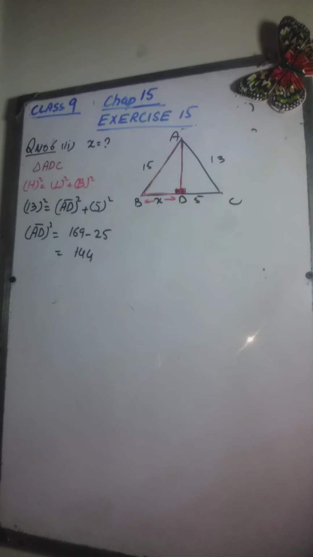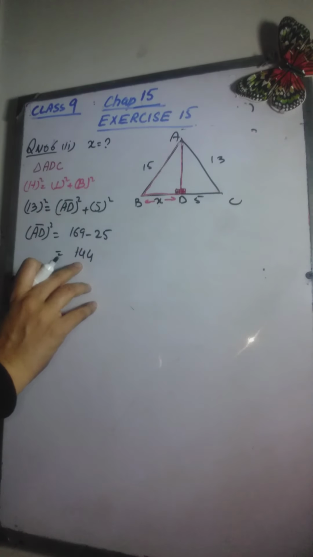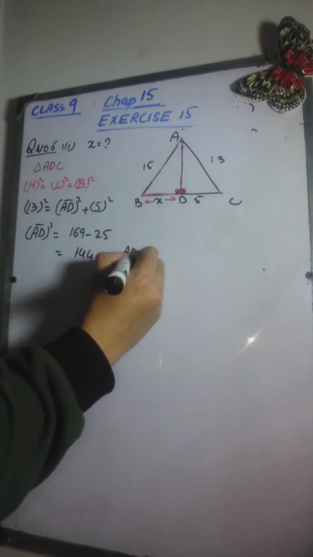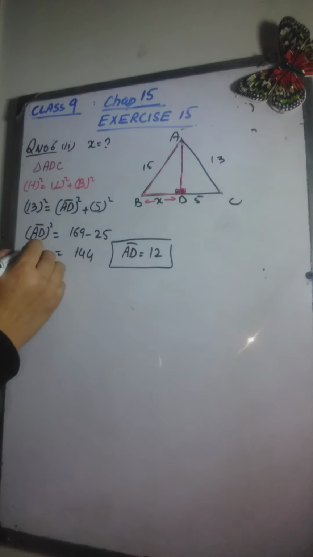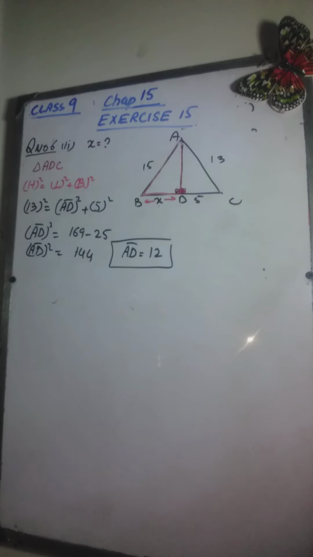So it means that the square of this length is 144 and AD will be 12. Although we don't need this, we just need the square of this length AD whole square, so it's enough to find AD whole square. Okay, only this will be enough.